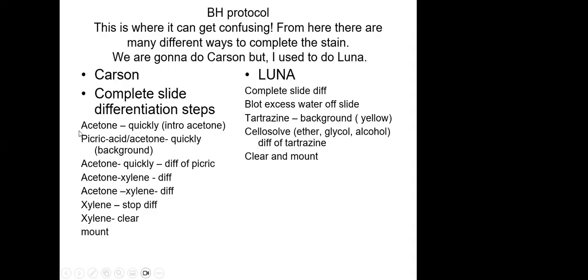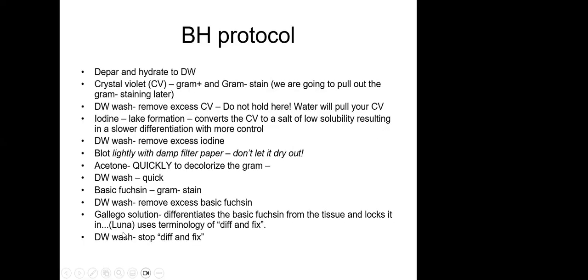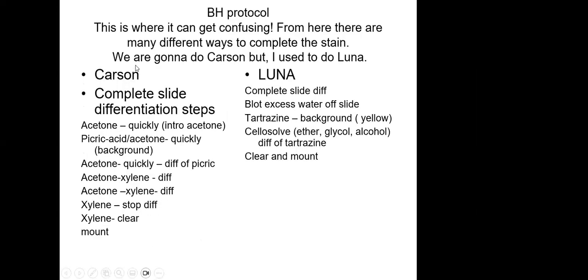So you guys are going to run the brown and Hopps, which means that from your distilled water after your diff and fix, you're going to go into acetone. And that's really, really quick, because all you're doing is introducing that acetone to the slide in anticipation for our stain of the background, because it's acetone based.